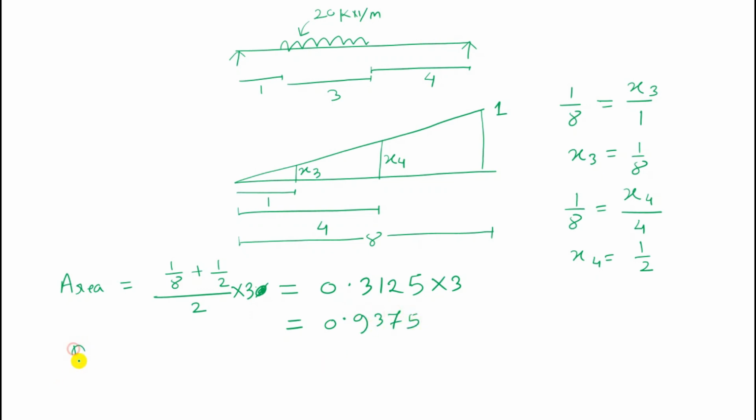Now the reaction RB will be 20 multiplied by 0.9375.